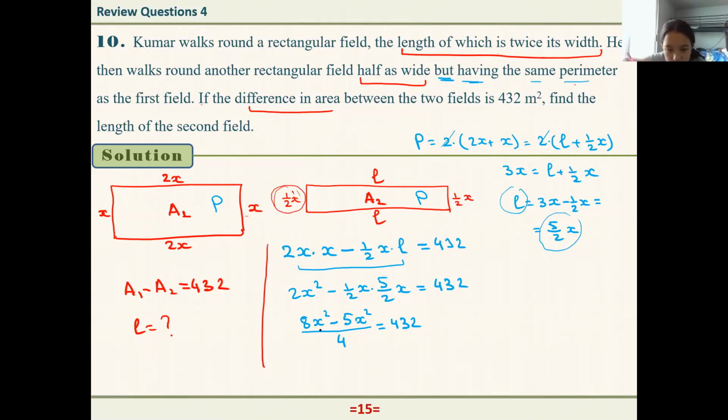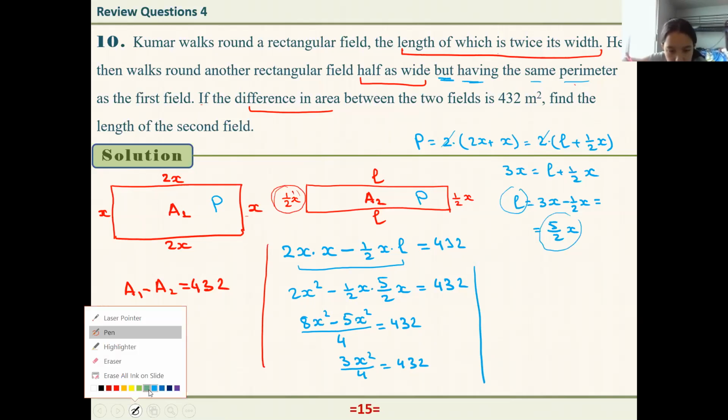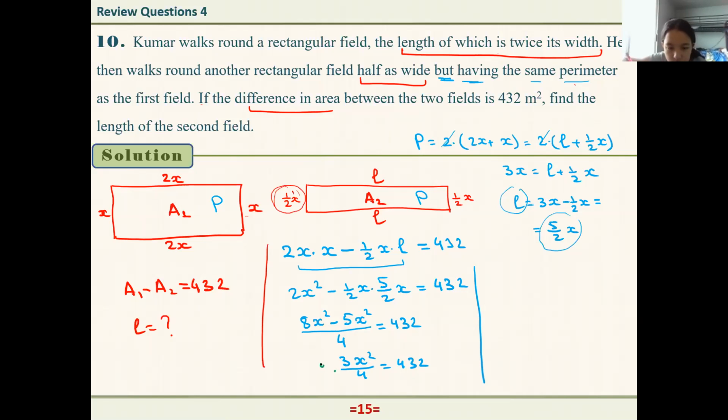So from here, if you simplify this, 8 minus 5, 3x squared over 4, is equal to 432. Now, Shahina, how can we simplify or solve this problem? We should multiply both sides by 4 over 3, right?